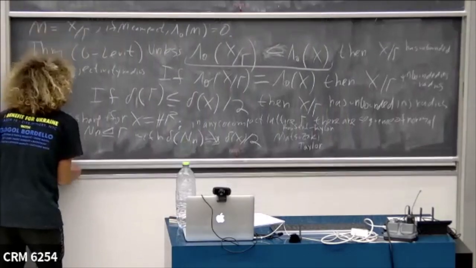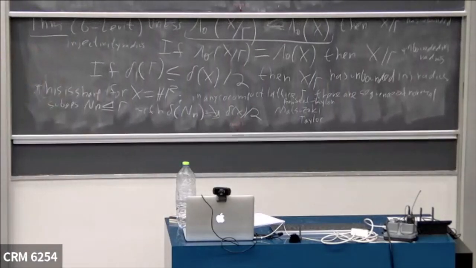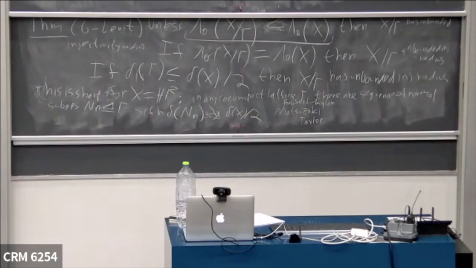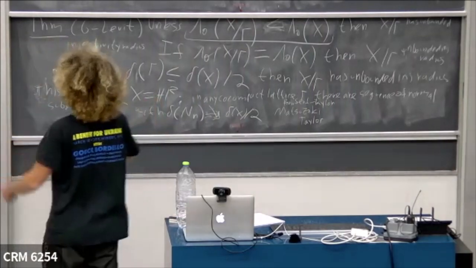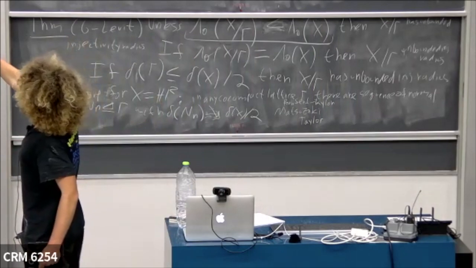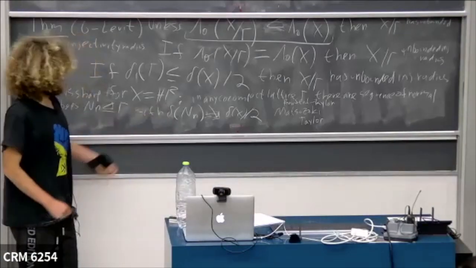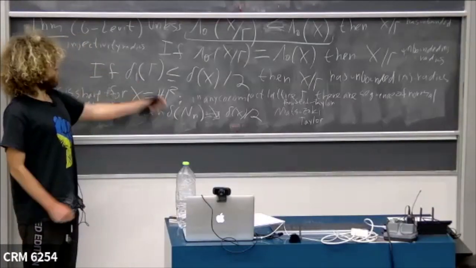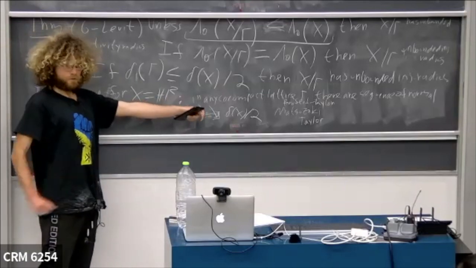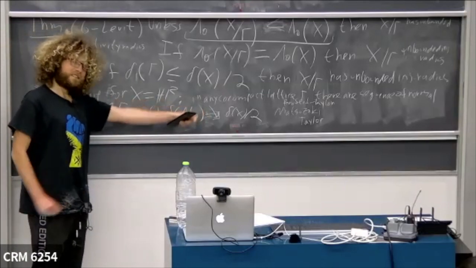So this is optimal because normal subgroups of lattices have bounded injectivity radius, and you can have normal subgroups of lattices with critical exponent as close to half of delta of X as you want.